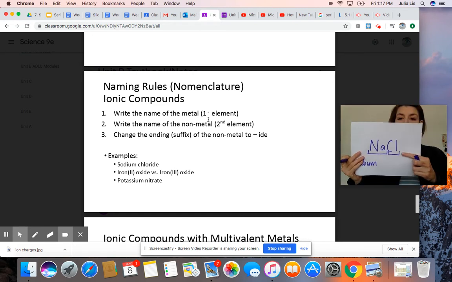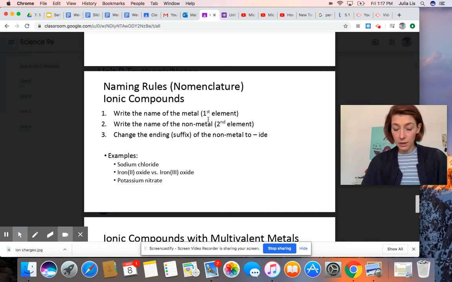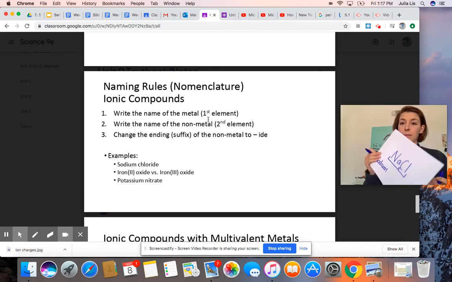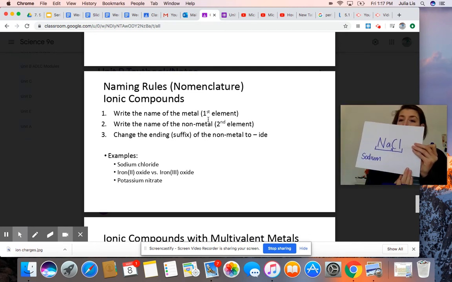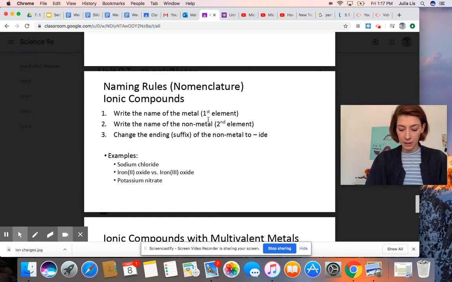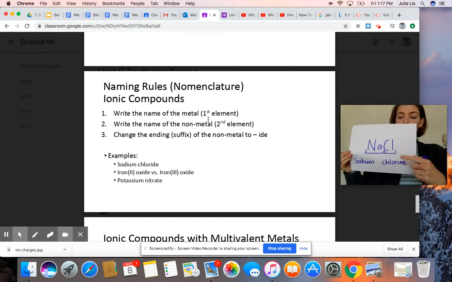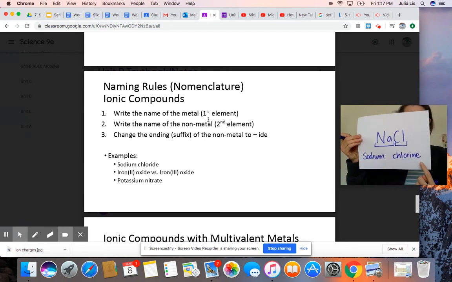We're going to look for the name of this symbol, Cl. And we are going to find that it's chlorine. So the first step I want you to do is write the metal, and then you're going to write the non-metal as you see it on your periodic table. So we're going to write chlorine. Okay? So now the name of this formula is sodium chlorine.